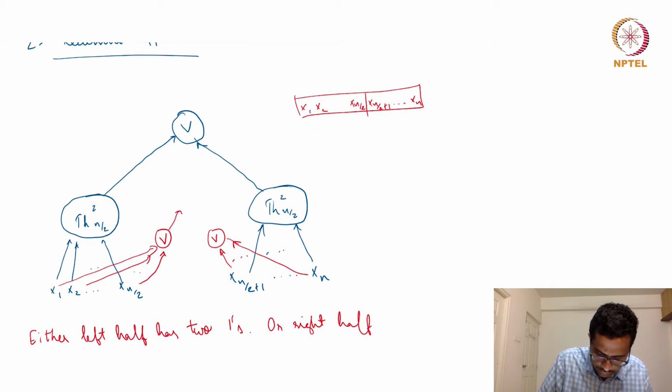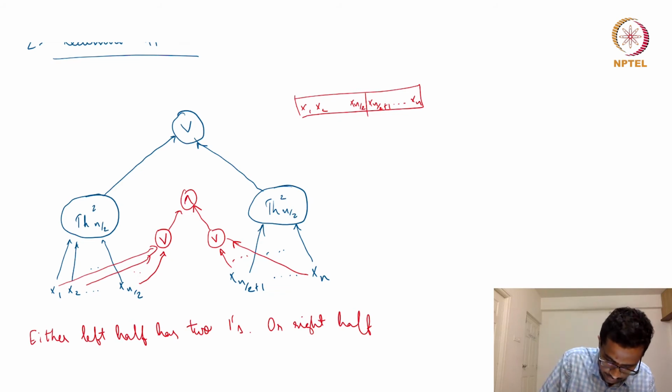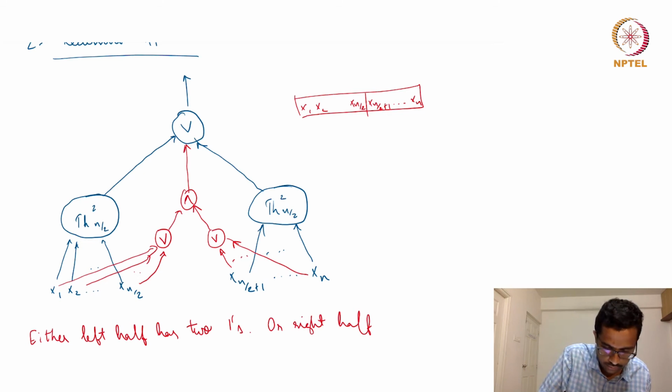So we just want to check if both of them will fire, meaning there is one on the left and one on the right. And this can go as input to the top level OR gate. So there is a recursive implementation for threshold over n by 2 bits on the left and the right, and then there is this red part, which is the verification of whether there is one on the left and one on the right. And at the end we are just taking an OR gate, and this is the output.